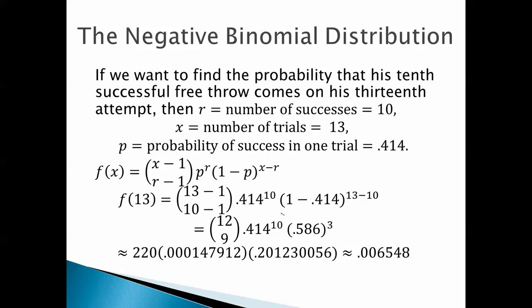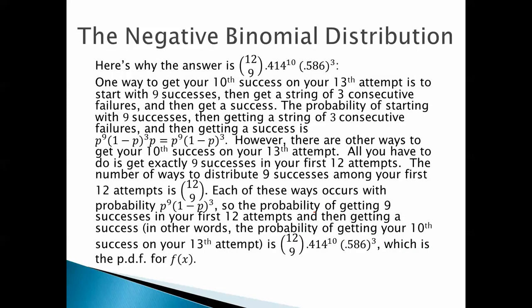So again, this is the probability of success. That's the probability of failure. And we end up with 220 times 0.0014, etc. In other words, we end up with 0.006548.